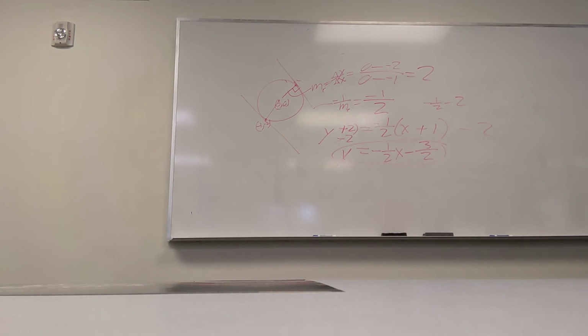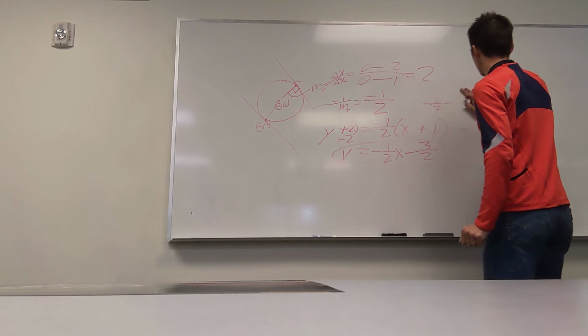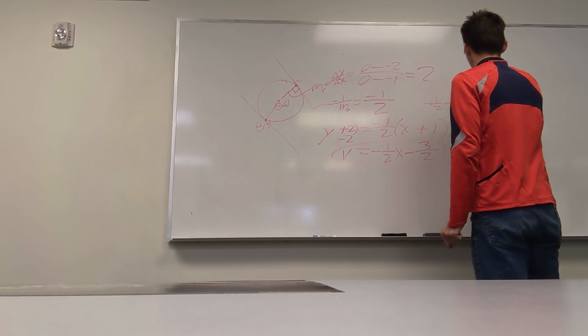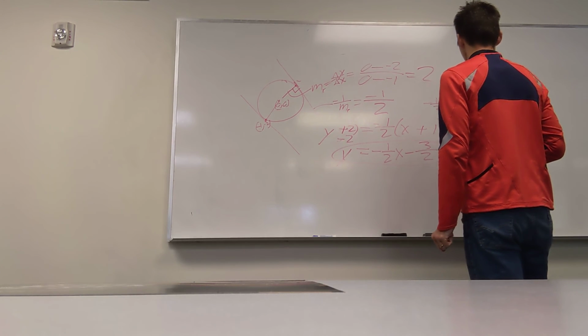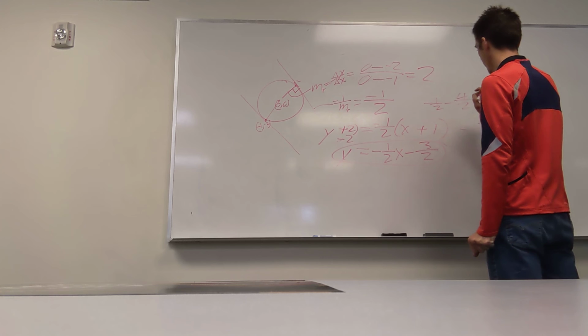So doing that really quickly there. What did I do? Oh, you know what? I totally screwed that up. I'm just in a hurry, that's why. So you got to get your common denominator, right? So it should be -4 over 2.